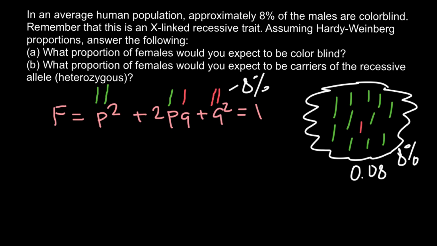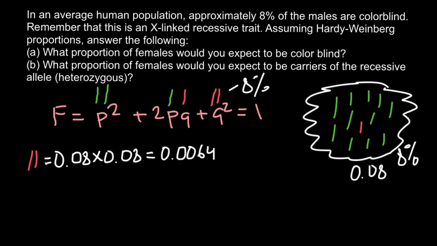In other words, we can say this is 0.08. So the probability that one of the X chromosomes would be defective is 0.08, and the probability that the second X chromosome also would be defective is also 0.08. Now we have to multiply these two probabilities, and this gives us the probability of such an event as 0.0064.